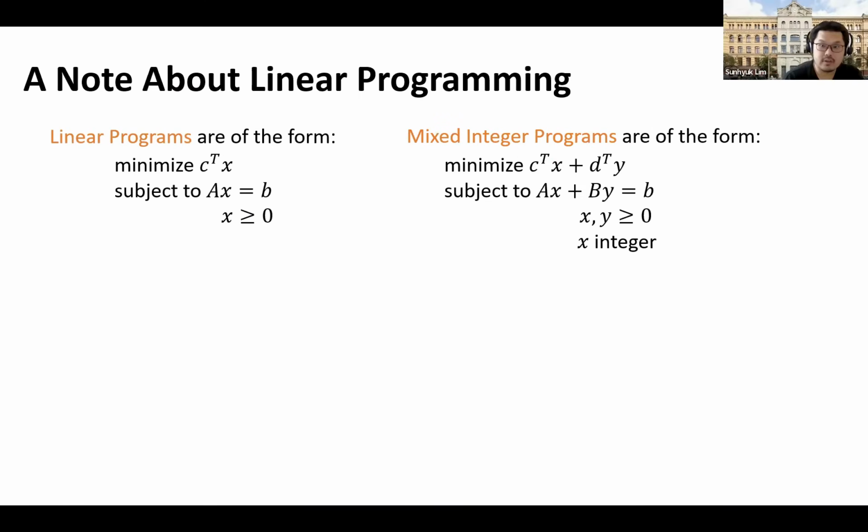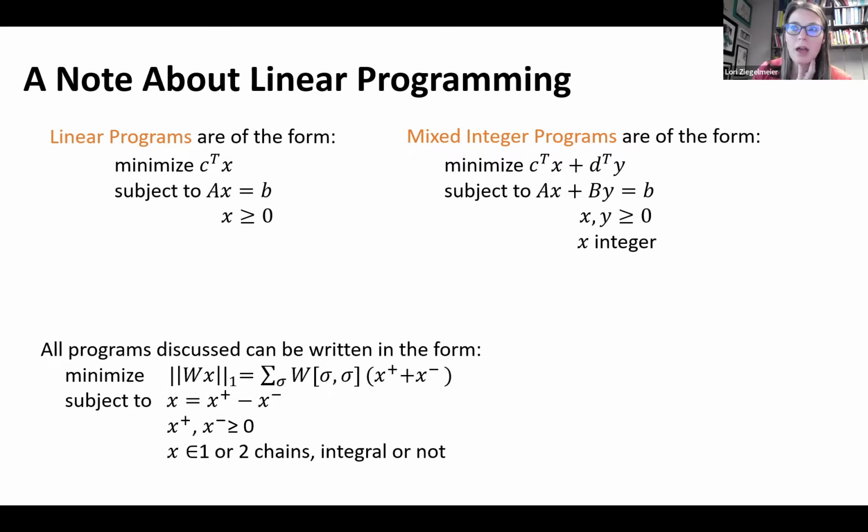I wanted to just say a quick note about linear programming. Linear programs are of this form here, while mixed integer programs are of this form, where we have a constraint that at least some of our decision variables are integer.